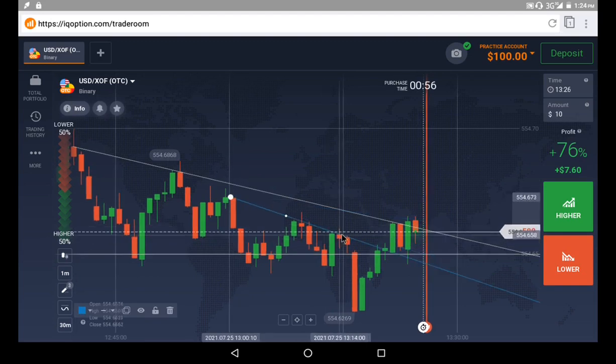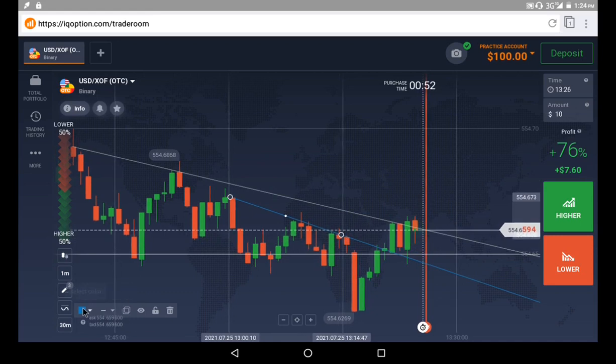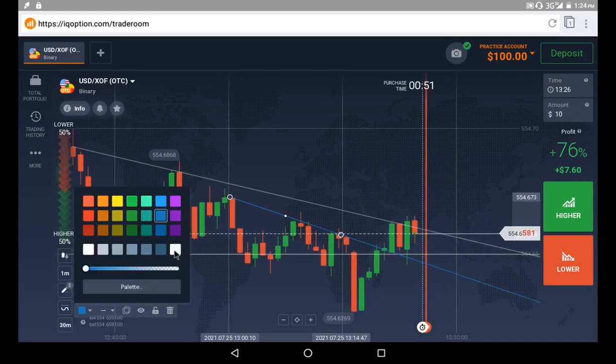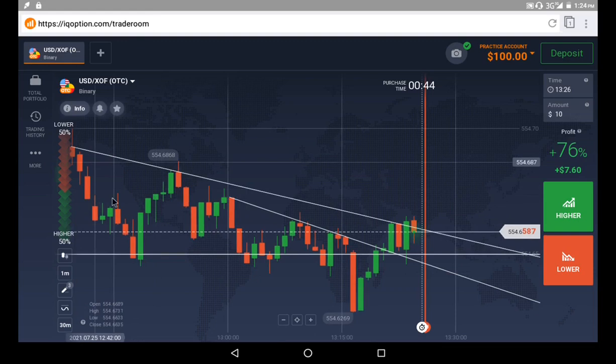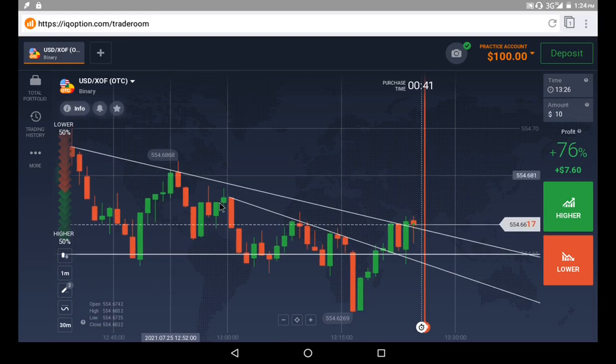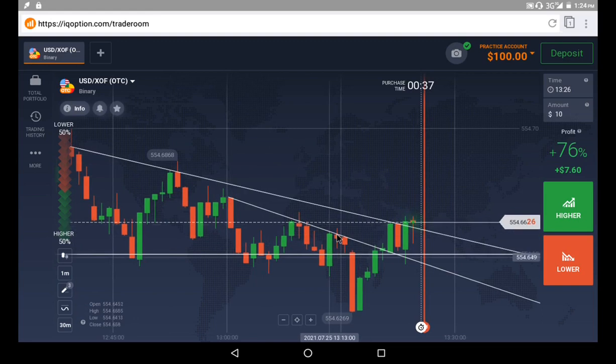You can see, change the color again. So from here, the sellers are entering the market, you can see, and from here again the buyers are entering.